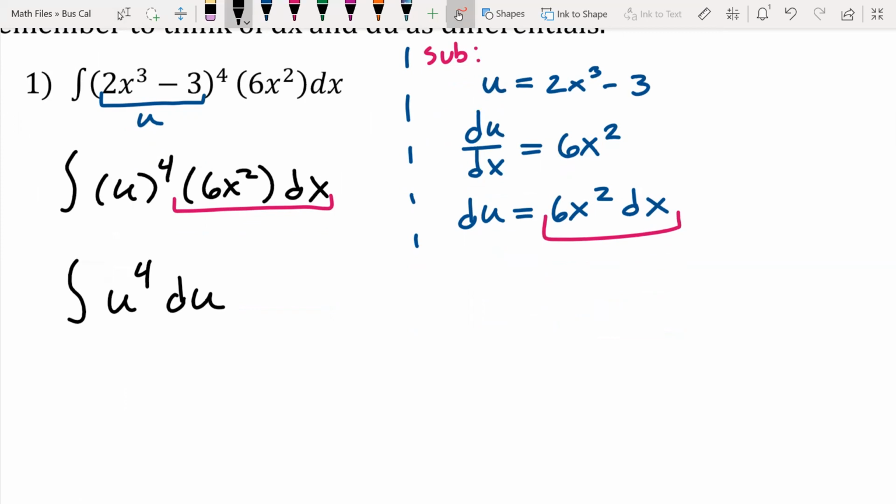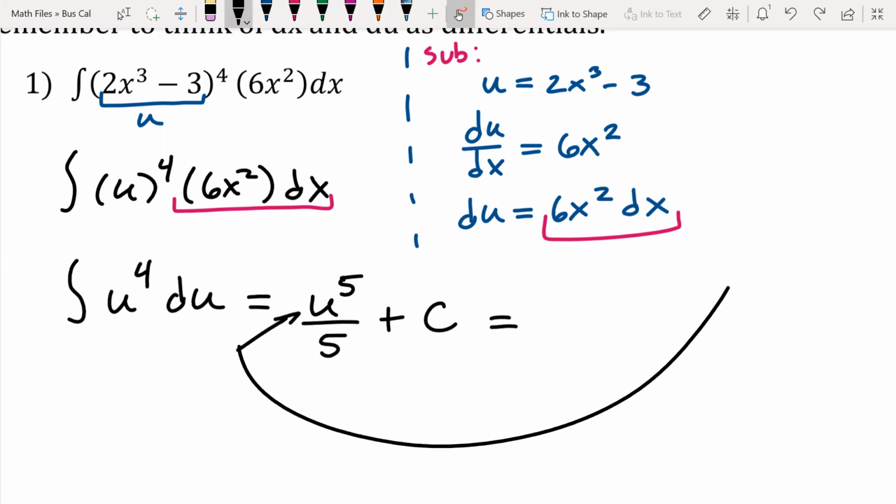Okay, so now we take the integral, we find the antiderivative of u to the 4th, which is going to use the power rule. This is going to give you u to the 5th over 5 plus c. And now we make one last substitution, because what was the original value of u? u was 2x cubed minus 3.